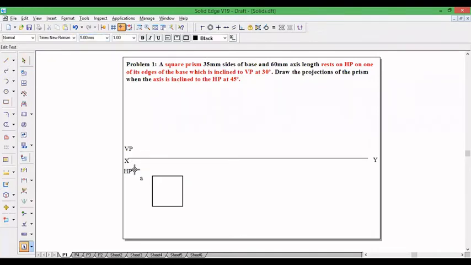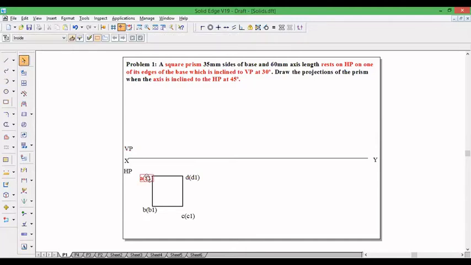We know prisms have two bases, so let it be A, B, C, C1, D, D1. ABCD is the top face, and A1, B1, C1 is the bottom base.